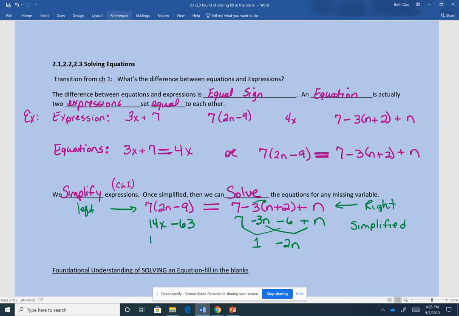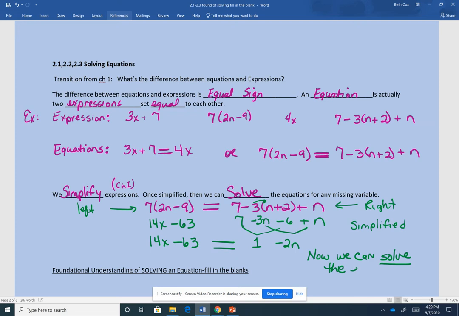And so once the two expressions are simplified, then we can start our solving. Okay? Before we start, we have to learn how to do it. Now we can solve these. We can solve for the missing variable.